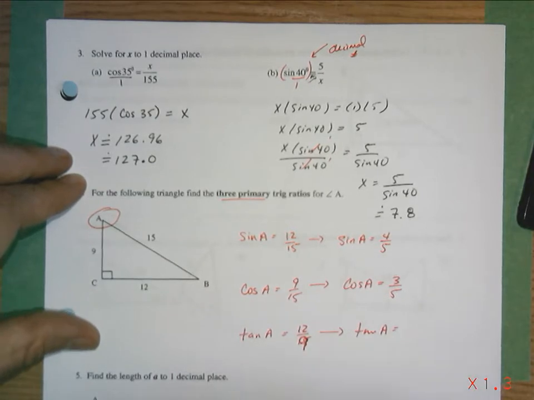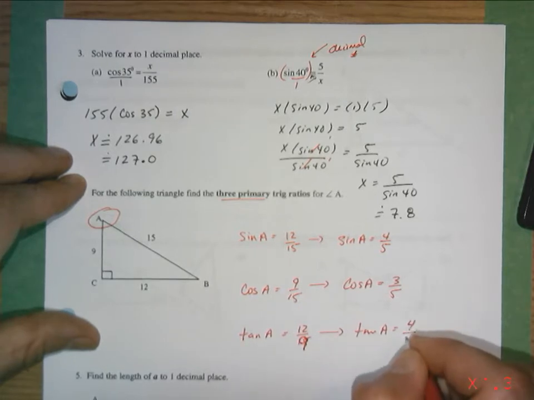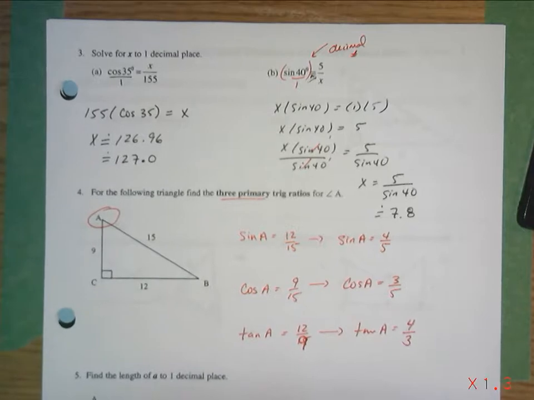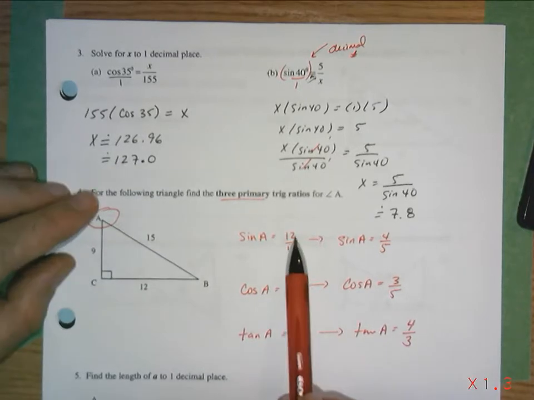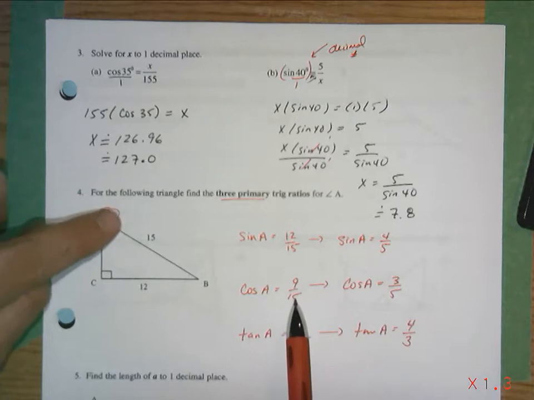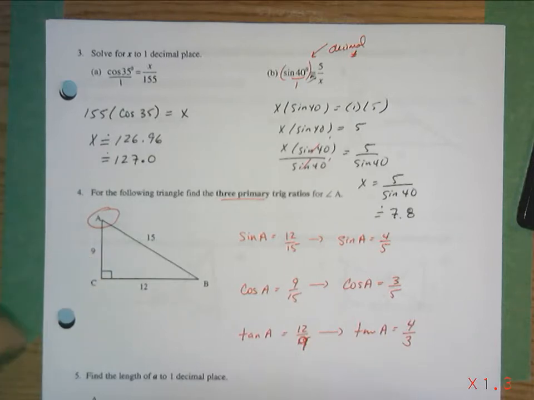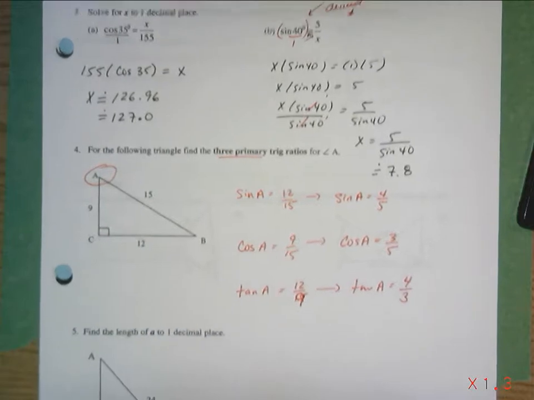Okay, good thing I caught that. So that's 12 over 9, which is going to be 4 over 3. Okay, so once again, let's make sure. Opposite over hypotenuse, good. Adjacent over hypotenuse, good. Opposite over adjacent, better.